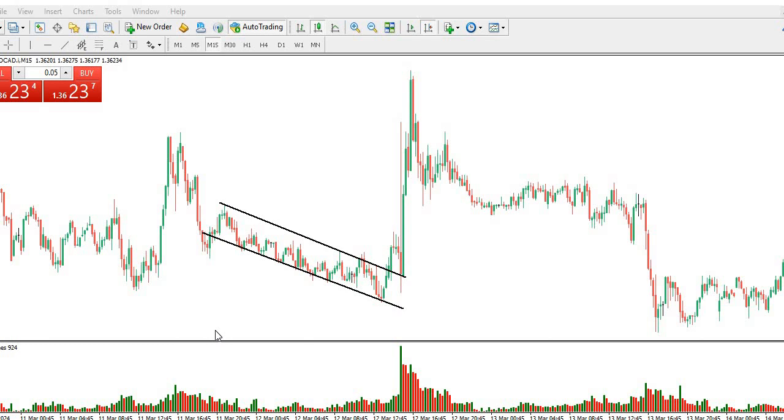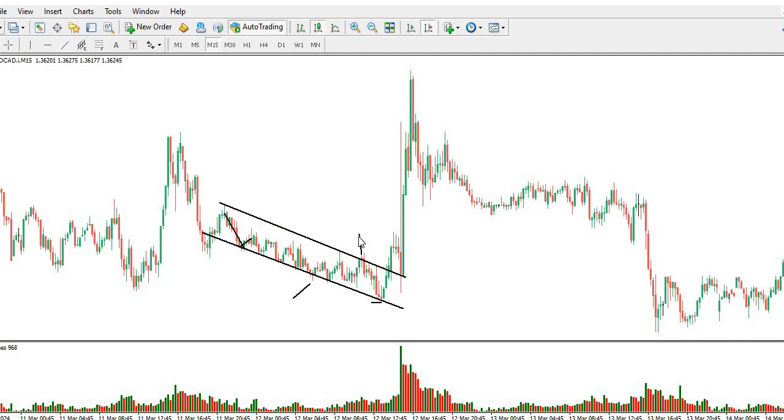So guys, this is the real chart example of a descending channel. The market is forming a lower low, lower high, lower low, lower high to this point. We made sure that we form the trend lines 100% parallel to each other, regardless of the small fake outs that appear on both sides of the channel.